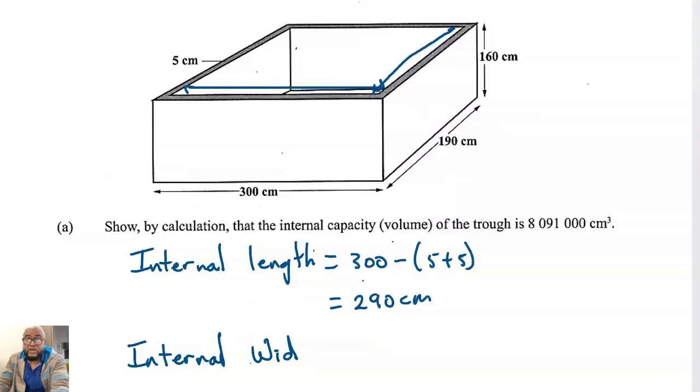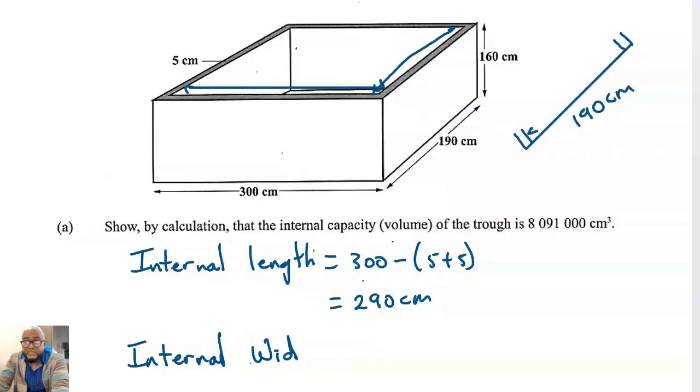When I look at the outside, look at this line here. The external width is 190, everybody seen that? And you have a piece of wood that is 5 centimeters thick here, and on this side it's 5 centimeters thick also.